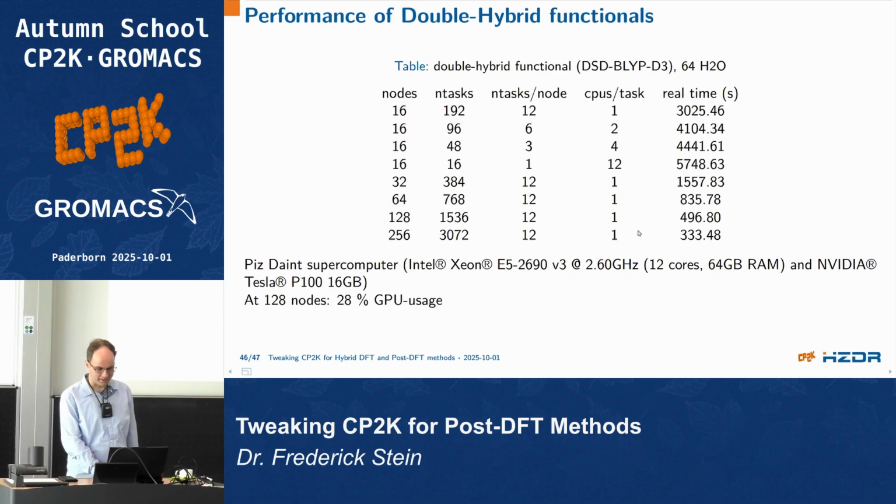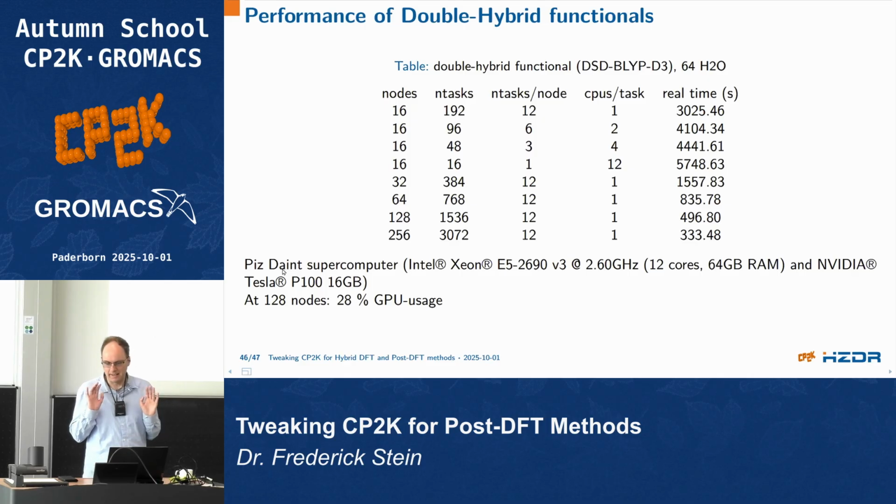Maybe finally, how expensive is such a calculation? Of course, it's significantly more expensive. So with the hybrid functional, we went up to 16 nodes. So we basically started here. And we had the order of 20 or 30 times more expensive than with a hybrid functional. Of course, with a larger system, that may be a bit different. On the other hand, the computer that I was using was again the Piz Daint supercomputer.